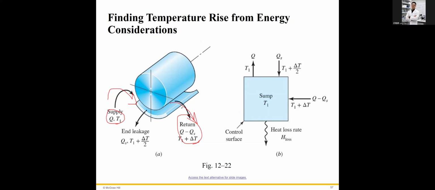Previously we mentioned some cases without leakage. In general, a gearbox used for a long time must have some leakage in the Z direction, with a leakage volumetric flow rate QS.